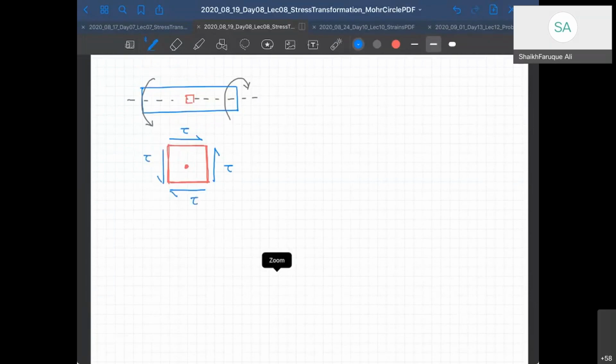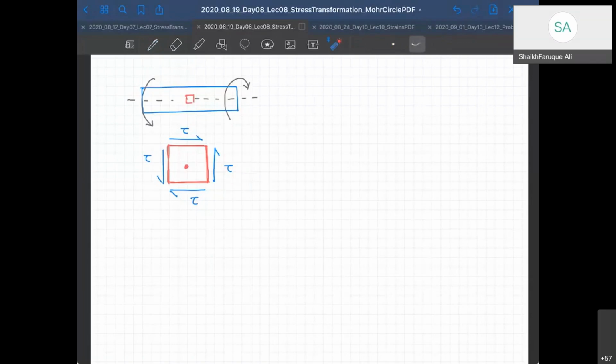All right, I've given the shear here. I cannot tell you the value of shear stress here because we have not yet learned how to find it. We will learn it probably after a month. So we'll write it as shear, and we will not write the value of shear stress.